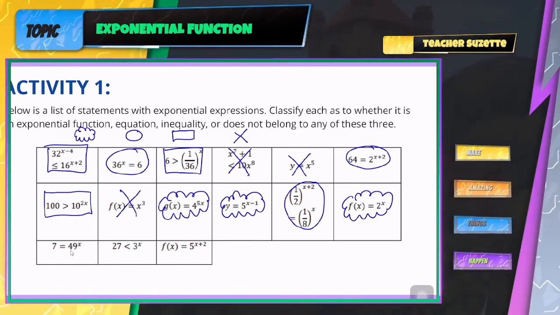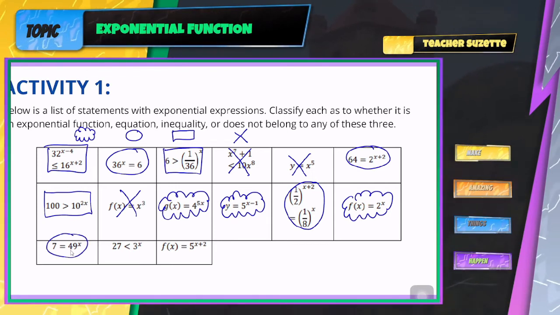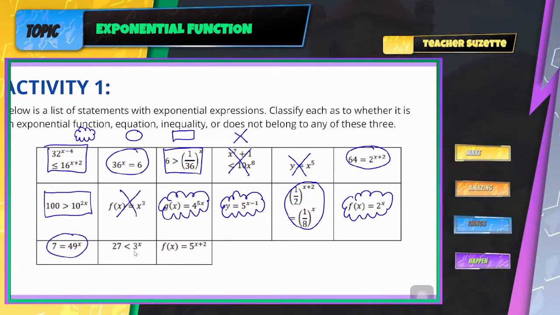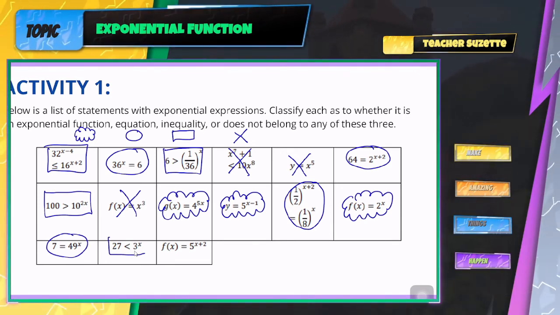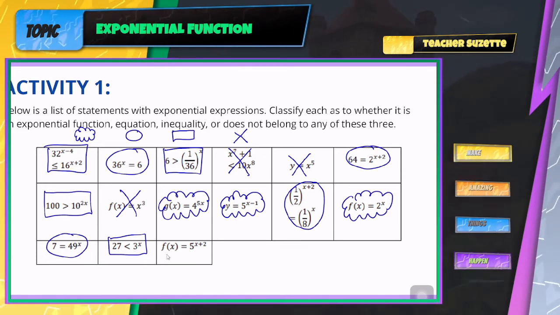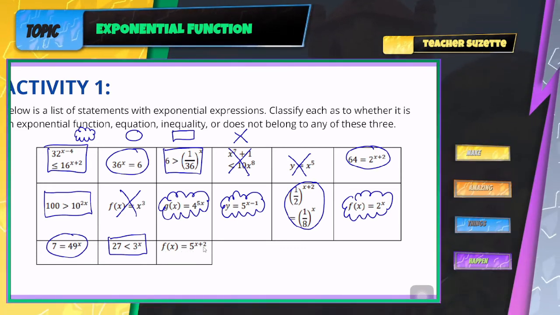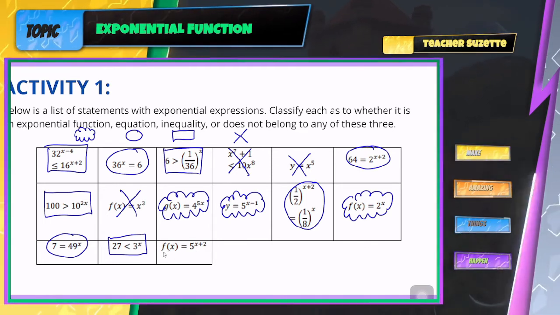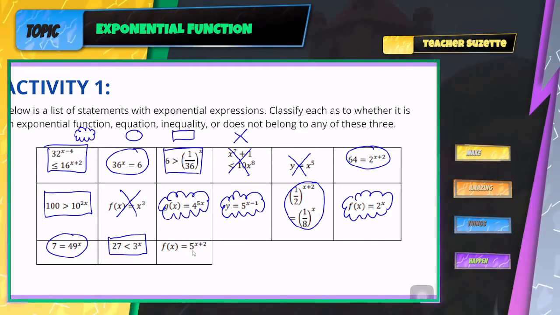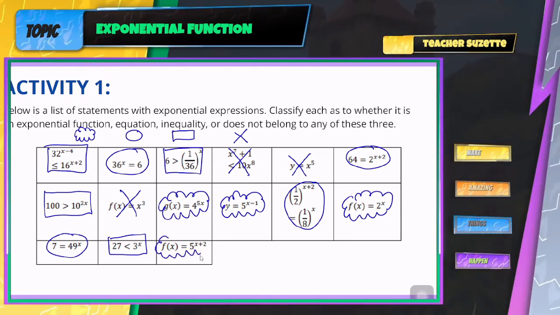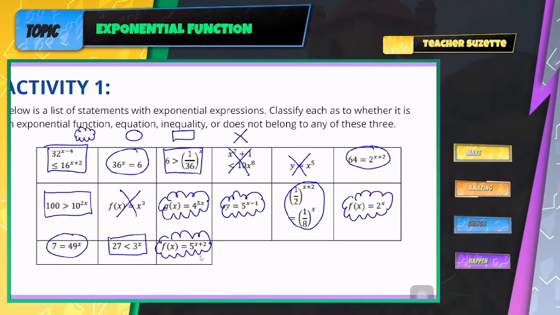So, equation. 27, meron tayong inequality symbol. 3 naman ang base, so therefore this is an example of inequality, exponential inequality. And lastly, you have f of x is equal to 5 raised to x plus 2. Naka-function siya. The base is 5. So, therefore, this is an example of exponential function.